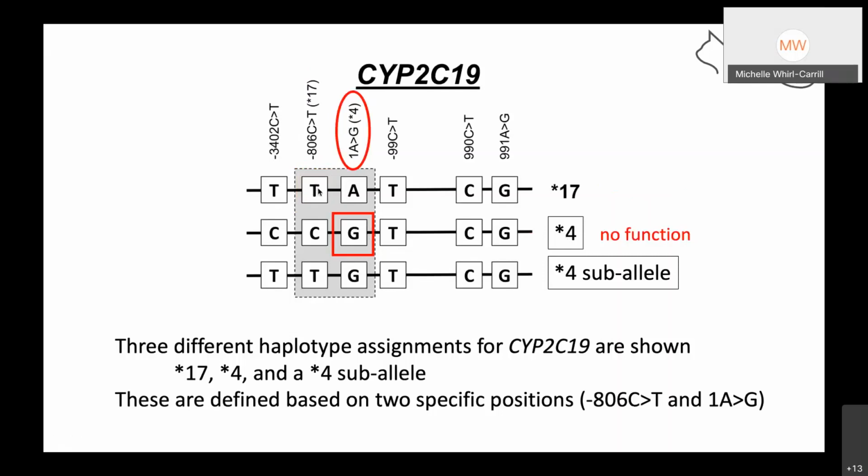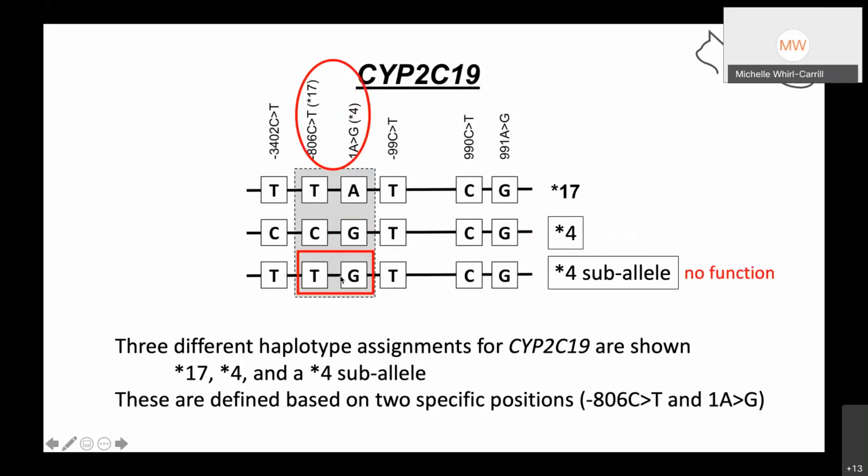So that's why you have an increased function. However, this G is a killer. If you have this G, you have ruined your start codon for the gene. So no matter if you have a T upstream or not, you can't make any of that enzyme, right?